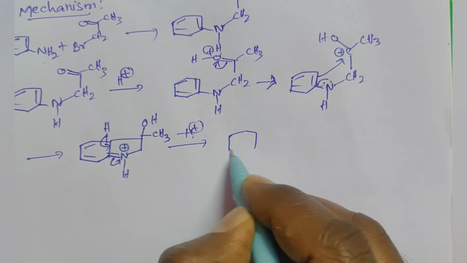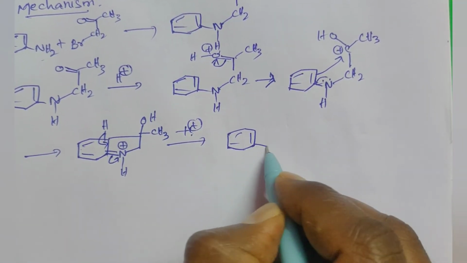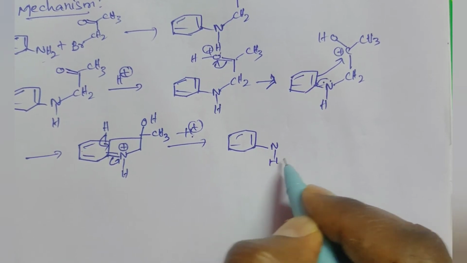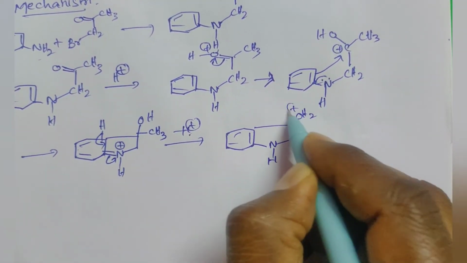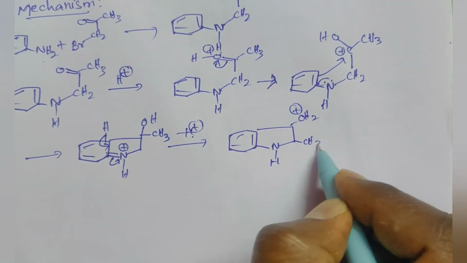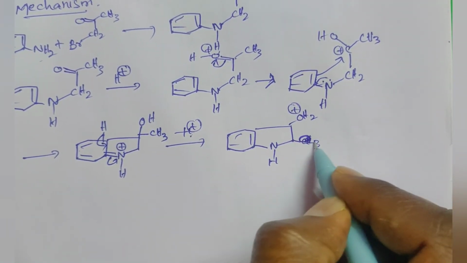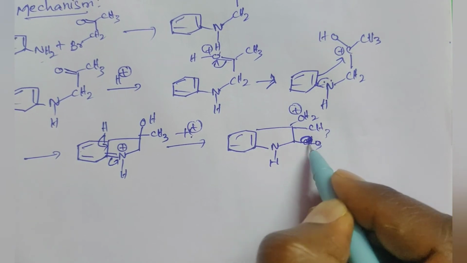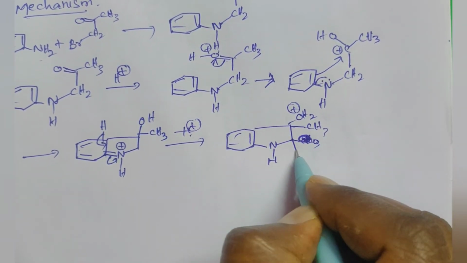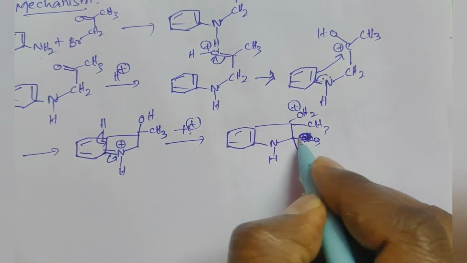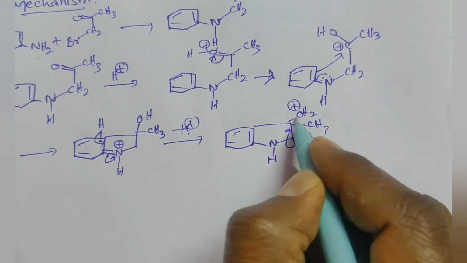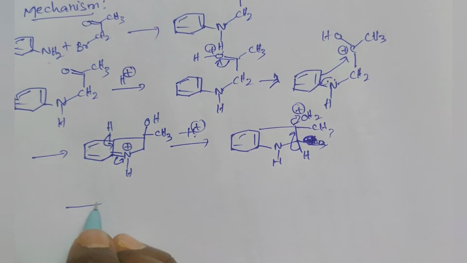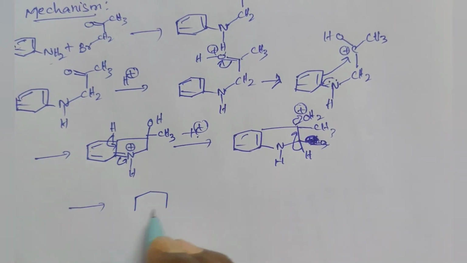As a result, this may change into the oxonium ion like this. Sorry, here we have the methyl group, and we are having the hydrogen atoms, so I write one hydrogen here. So what happens in the next moment? This breaks here and this one goes outside. As a result, we get the indole derivative.